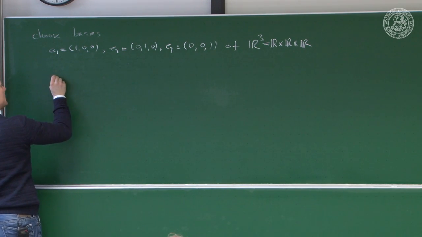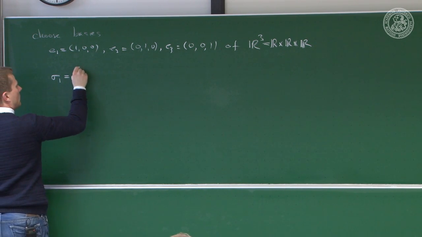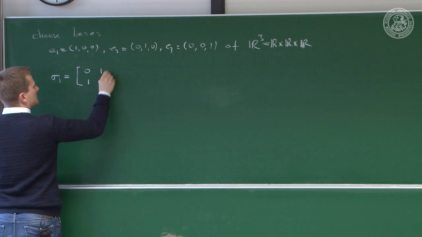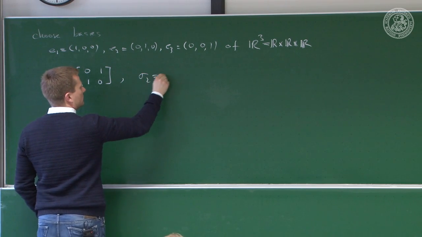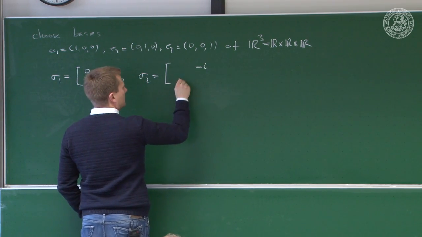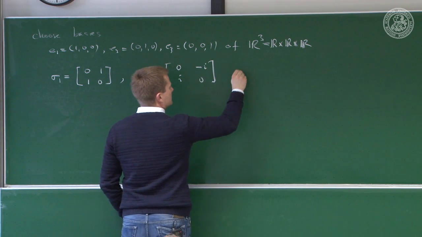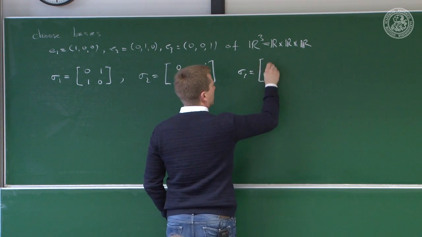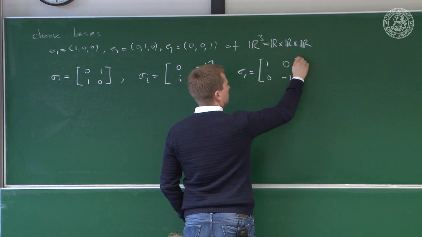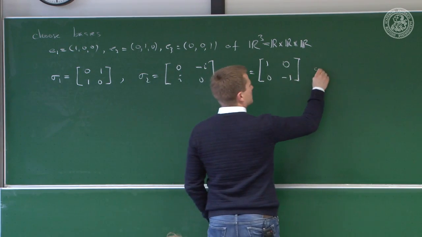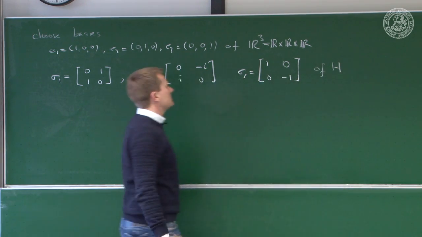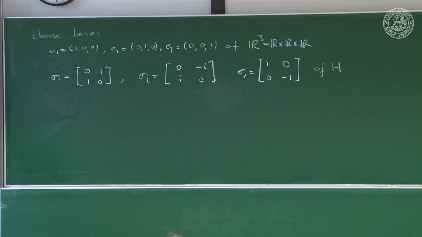And we choose another basis, namely sigma 1 being this guy, sigma 2 being this guy, and sigma 3 being that guy. You see, I learned them meanwhile, as a basis of this H space, because obviously these are 3 matrices. They all are trace-free. They're linearly independent, and they're Hermitian.